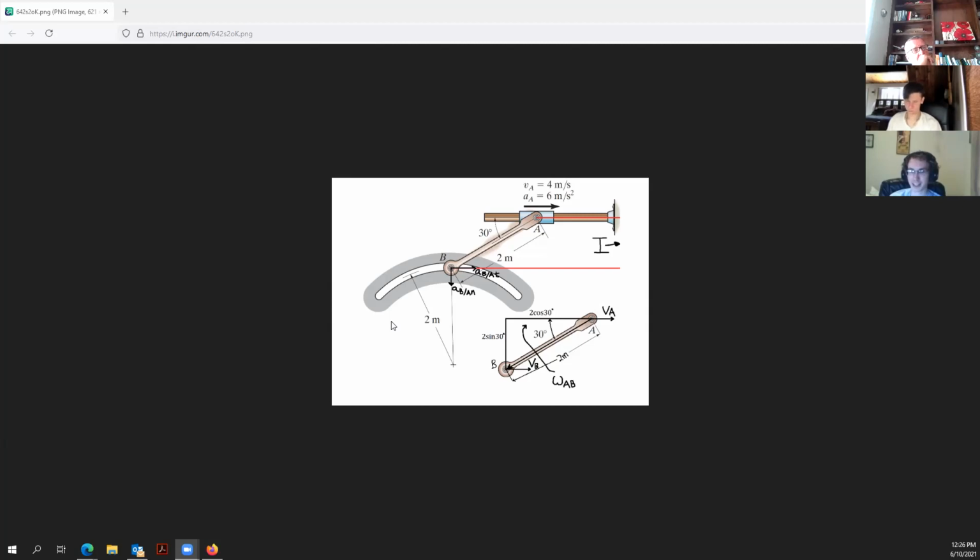The angular velocity is equal to the velocity over basically the radius from the center of the circle.